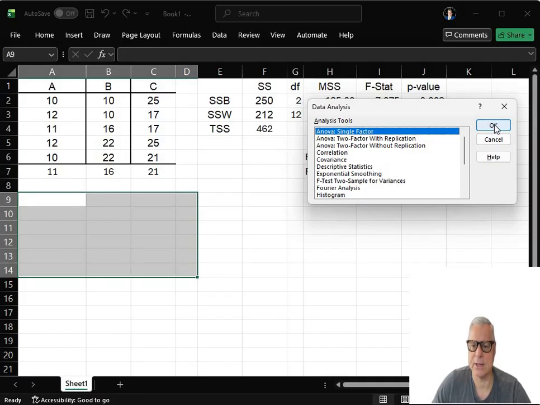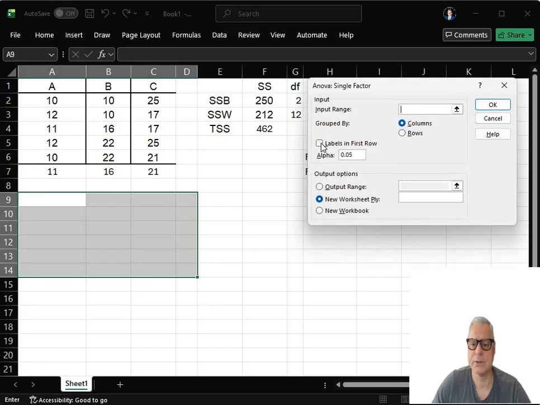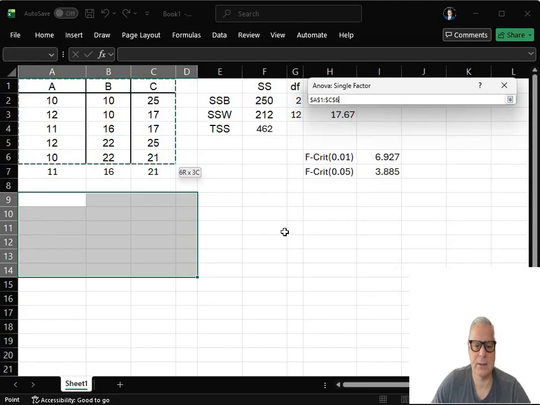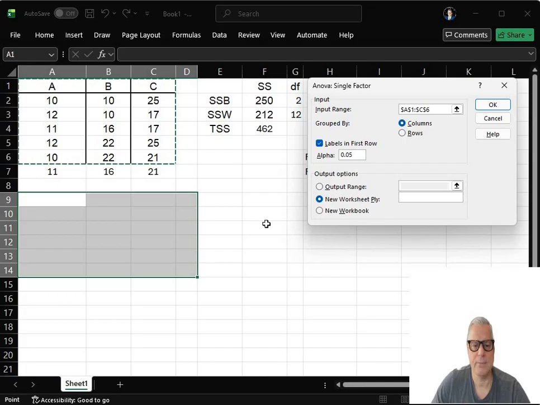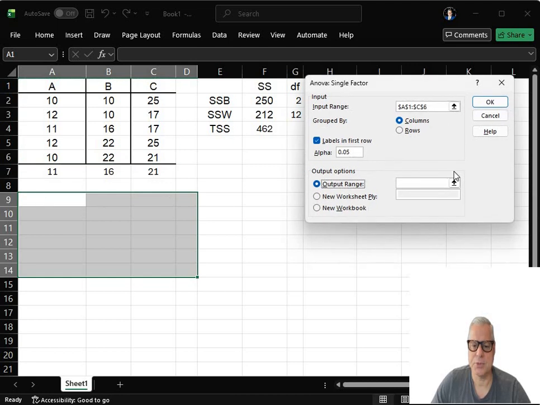So we say ANOVA single factor. Again, we have labels in the first row, and our data A, B, C is grouped in columns. So now we just highlight the data, the 5 observations, so not the group means. And then I just want it somewhere here so we can compare it with what we did manually.